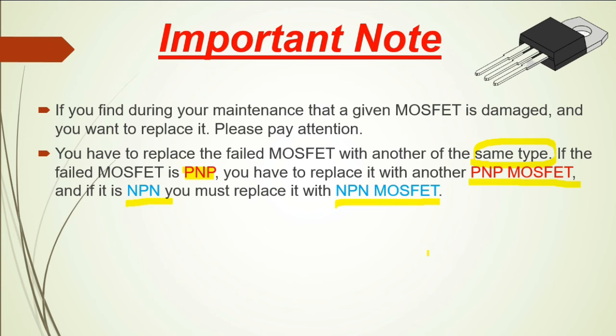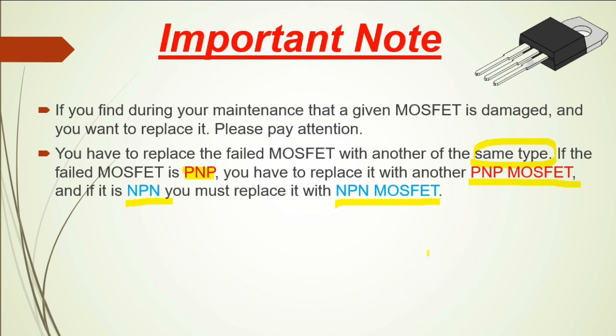Okay? So when you troubleshoot your motherboard or any device that has failed and you find that the cause of failure is a given MOSFET and you want to replace it with a serviceable one, you should pay attention to the type of this MOSFET. If it is failed or damaged, you cannot check it, because if you use the multimeter to check it, you will find a continuity and a buzzer because it is damaged.